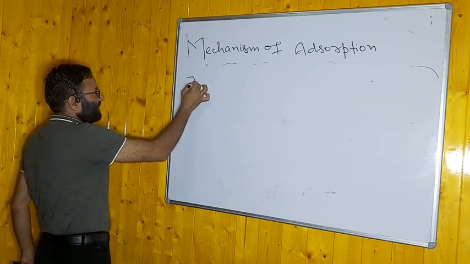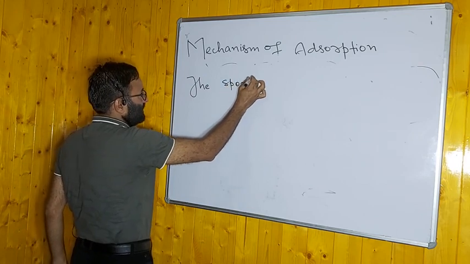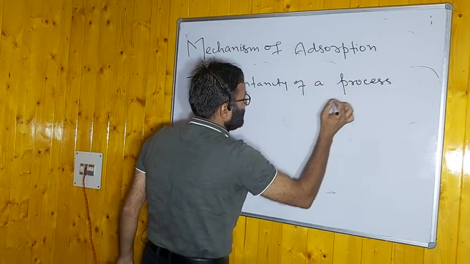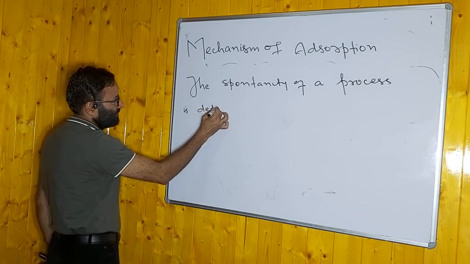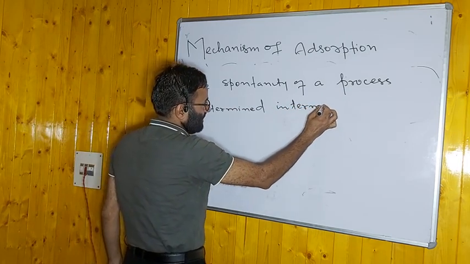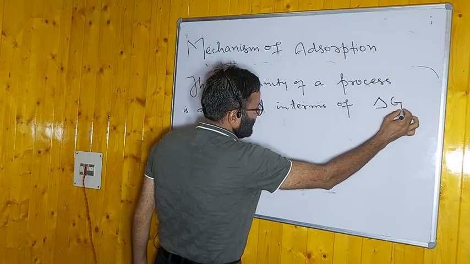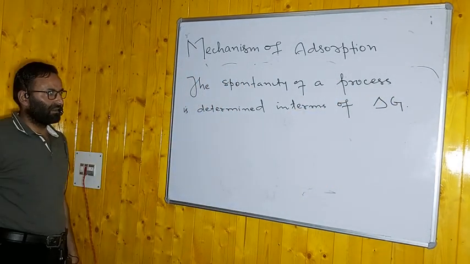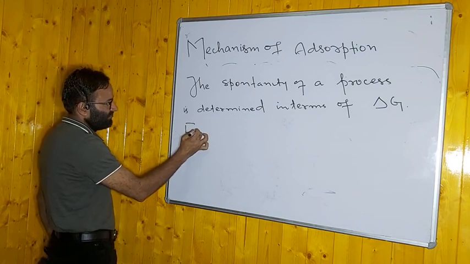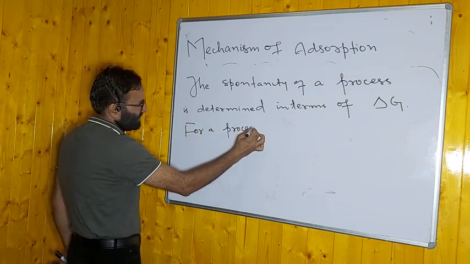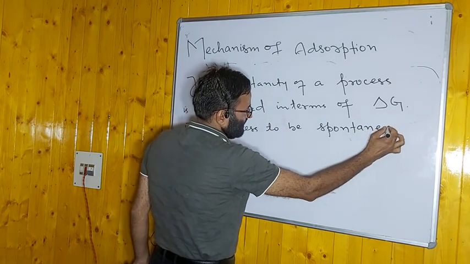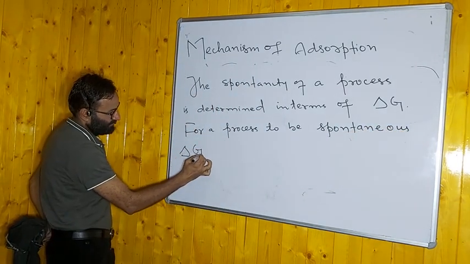For a process, the spontaneity of a process is determined in terms of Gibbs free energy, delta G. The spontaneity of a process is determined in terms of delta G. For a process to be spontaneous, you can mention here, delta G should be negative.